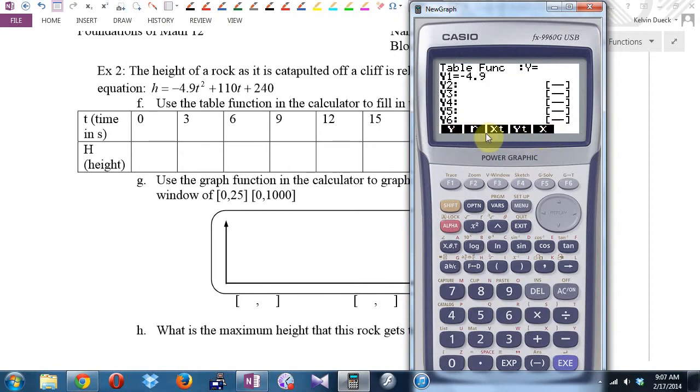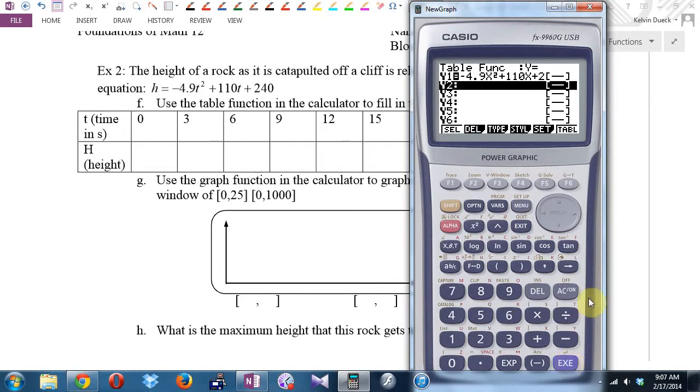These are equations. Don't use these. Your x button is this one right here below the red alpha. X squared plus 110 x plus 240. Enter to store it. Is that okay, Justin? Yeah.